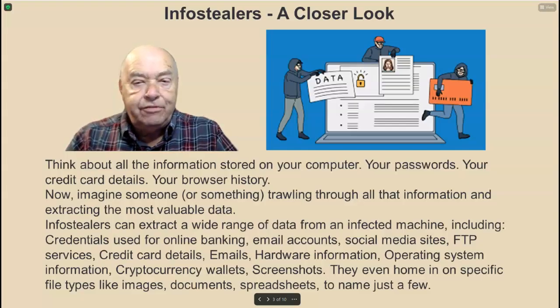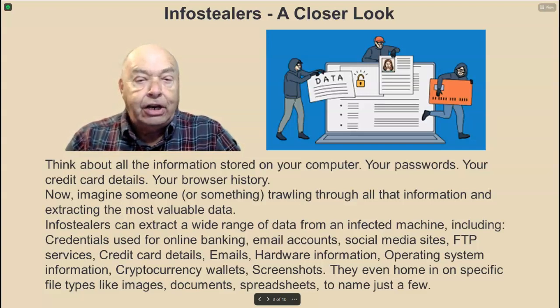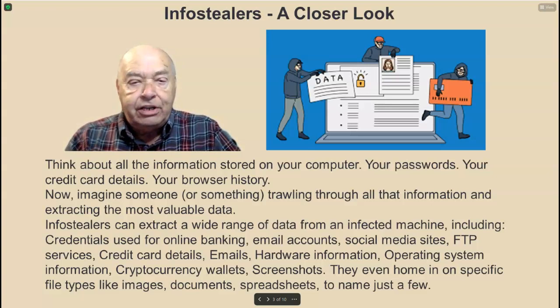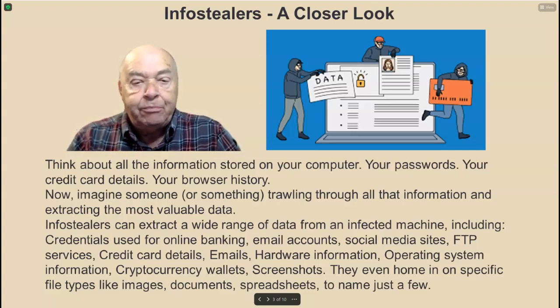Think about all the information stored on your computer: your passwords, your credit card details, your browser history. Now imagine someone or something trawling through that information and extracting the most valuable data.